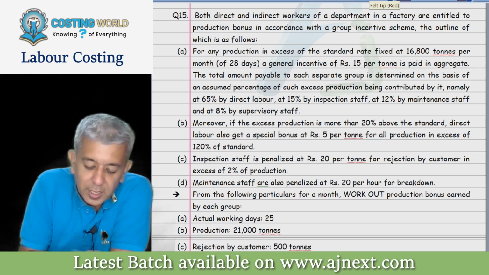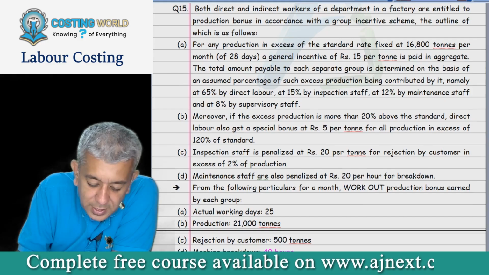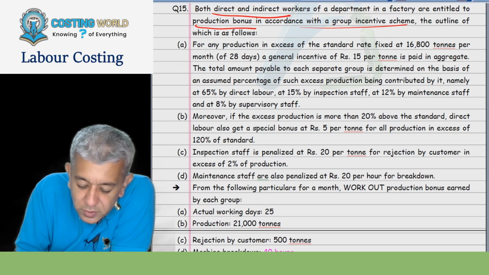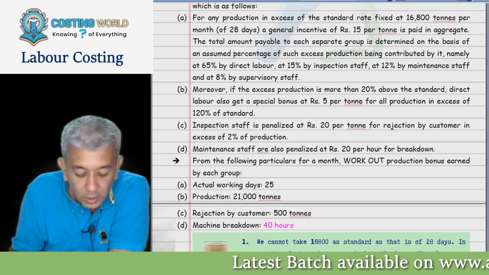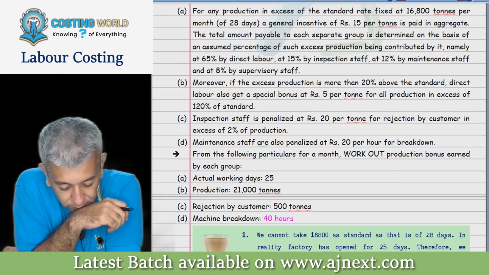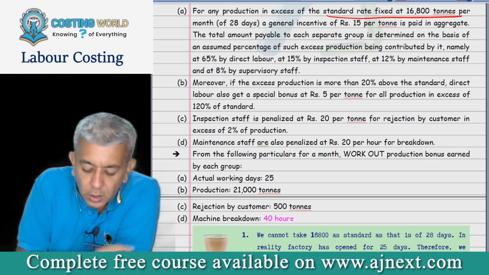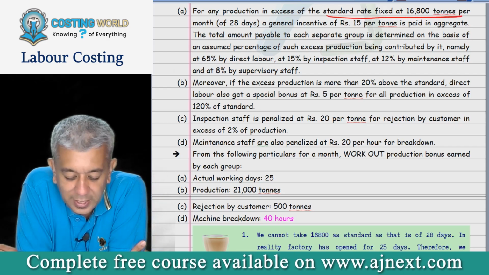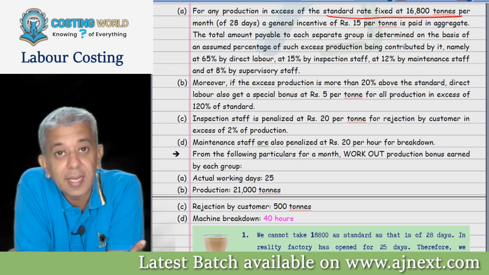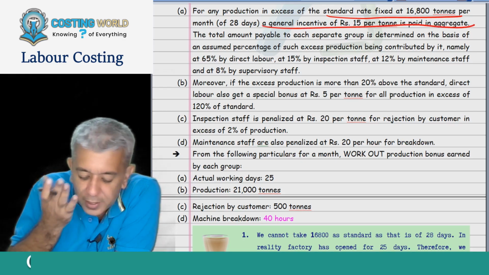Part A. For any production in excess of the standard rate, fixed at 16,800 tons per month, where a month is usually of 28 days, a general incentive at the rate of 15 per ton is paid in aggregate.